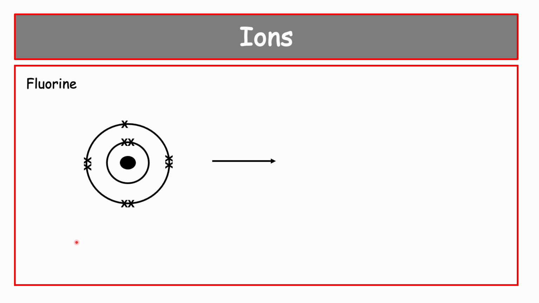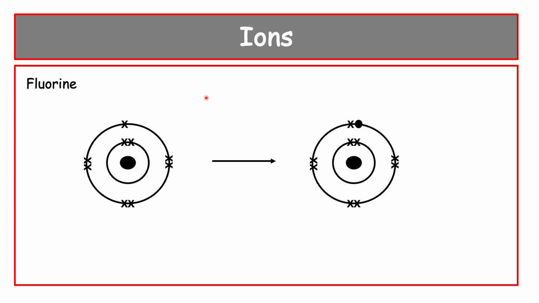We use crosses to represent one of the atoms and dots to represent the electrons from the other atom. So in this case, fluorine will gain 1 electron from another atom, and we're going to represent that using this dot here. And that shows the examiner you are aware that these 7 electrons come from fluorine, but this 8th electron, shown by a dot, is coming from another atom instead.